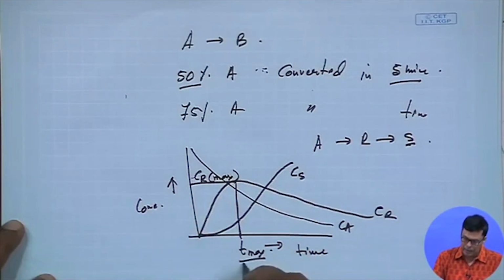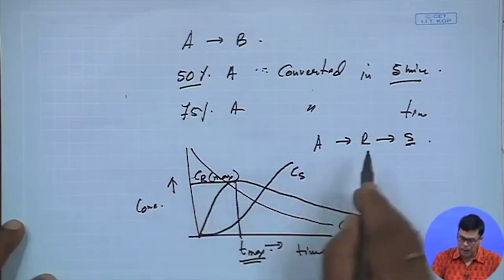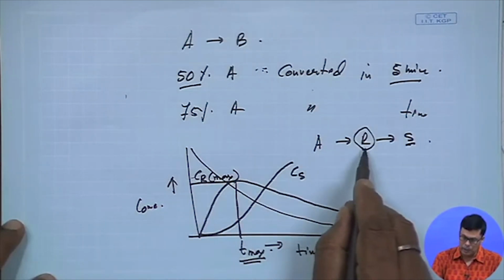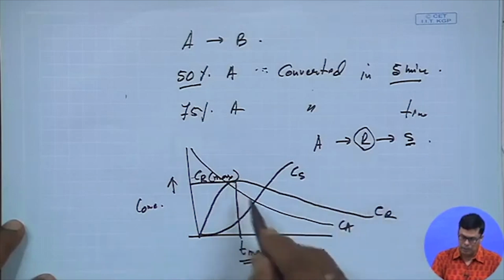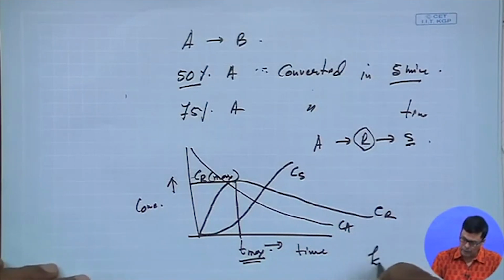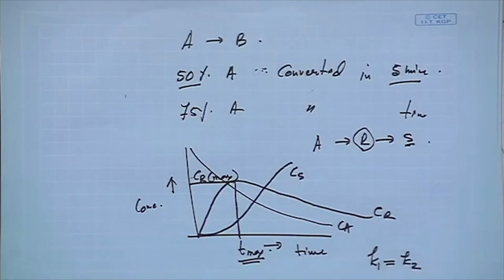The Tmax is the time at which the intermediate concentration of R will be maximum. So this problem deals with that, and at the same time they mention what will happen when K1 equals K2. Now let us see how we have solved this problem.